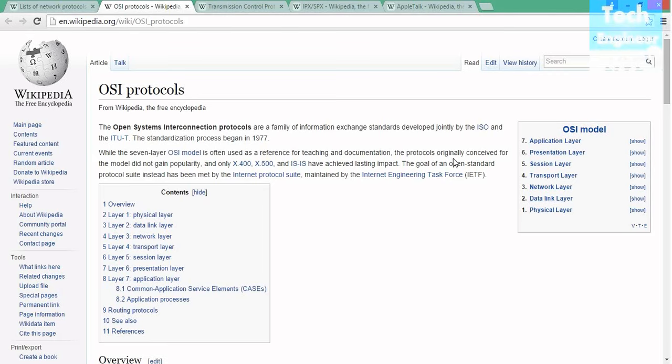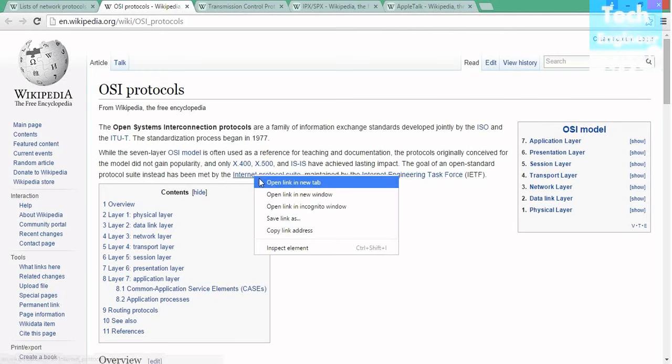The protocols originally considered for the model did not gain popularity, and only X.400, X.500, and IS-IS have achieved lasting impact. The goal of an open standard protocol suite has instead been met by the Internet Protocol Suite, maintained by the Internet Engineering Task Force.